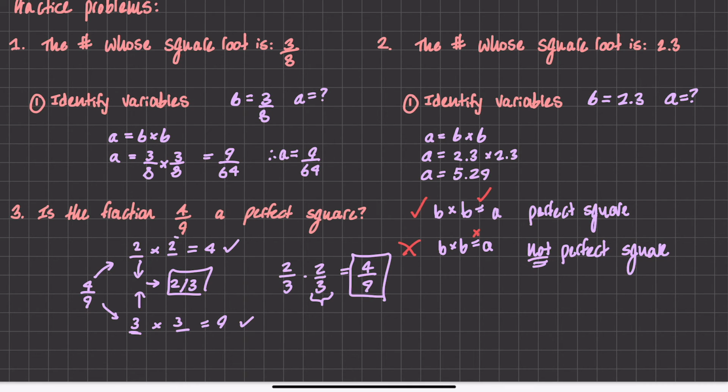These are the individual b values for the numerator and the denominator, so whether that be 2 or 3, but when you put it together into a new fraction, we are given the b values, which means that if we return to this definition, we found a number times a number that equals the number we've been given, 4 over 9. So therefore, yes, it is a perfect square. We're just going to write the answer more plainly. Therefore, it is a perfect square.